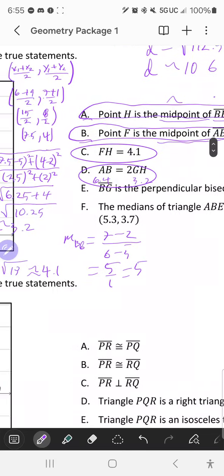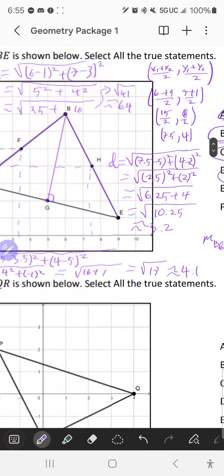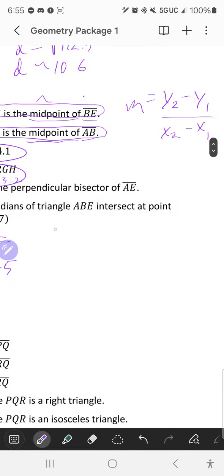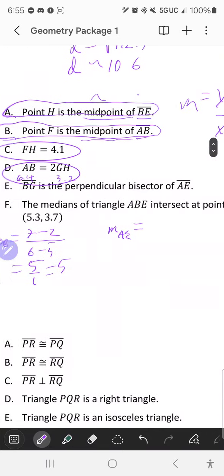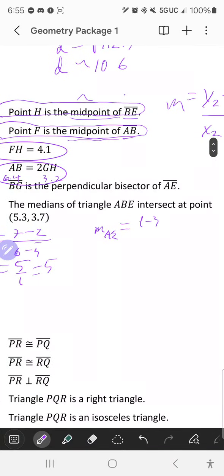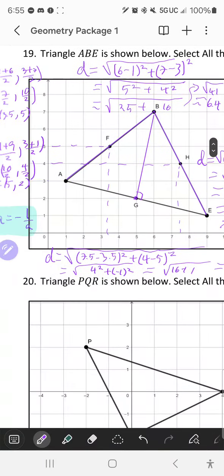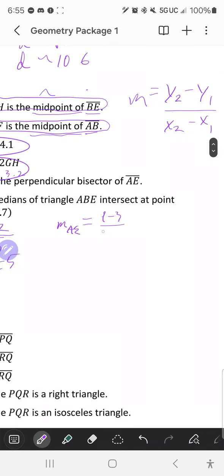Now for the slope of AE, it is going to be 1 minus 3 over 9 minus 1. This is going to be negative 2 over 8, which is the same as negative 1 over 4.